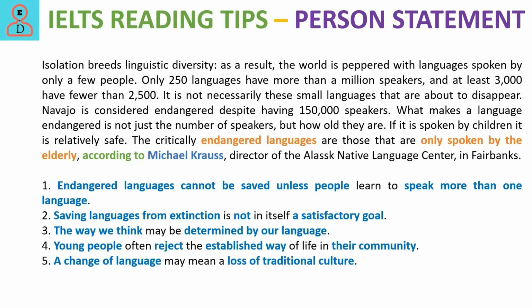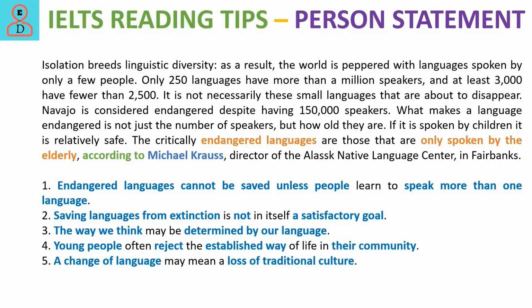Now, let's move to the third paragraph. Again, we have a person by the name Michael Cross, and the statement opinion word is according to. So using this combination of name and statement opinion word, we can easily find his opinion, which says that endangered languages are only spoken by elderly people.